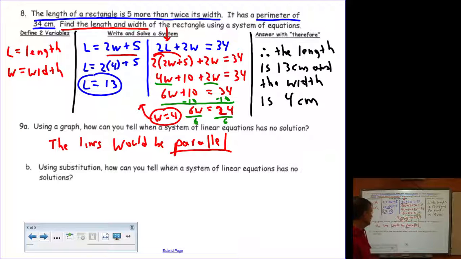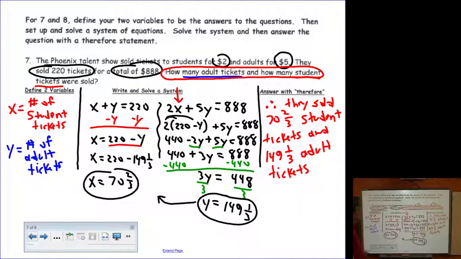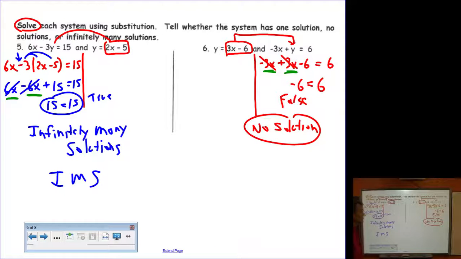How about using substitution? How can you tell when a system of linear equations has no solution? Well, we had one of those. Right in number 6, there was no solution because both variables canceled out and I was left with a false statement.